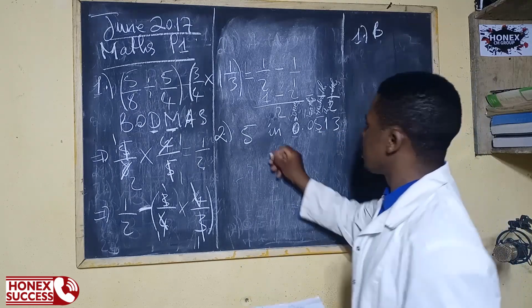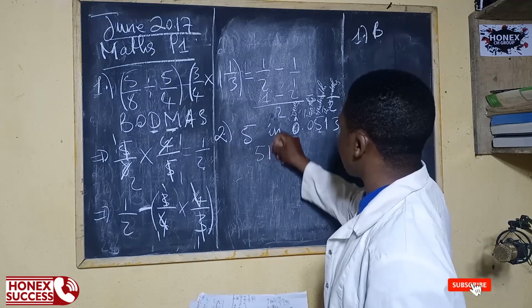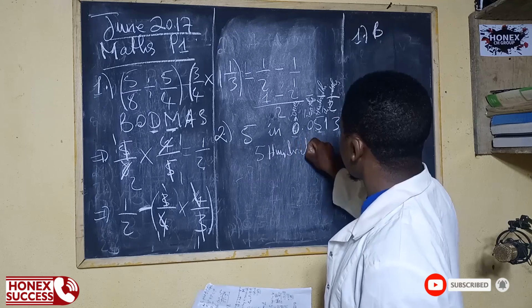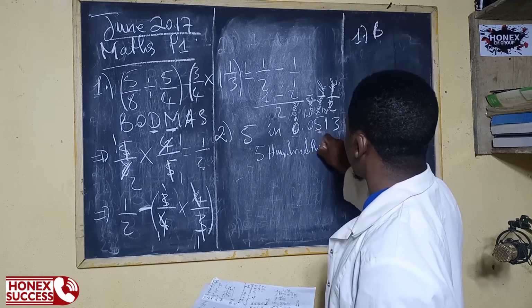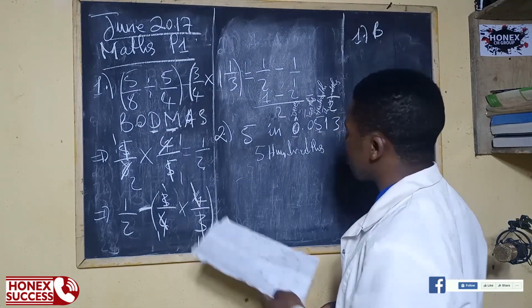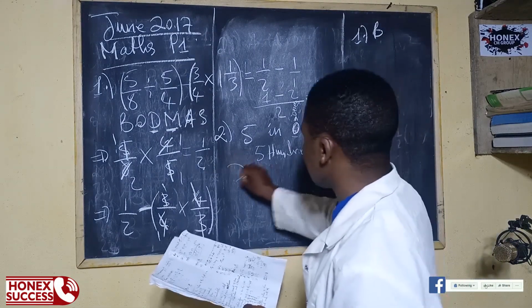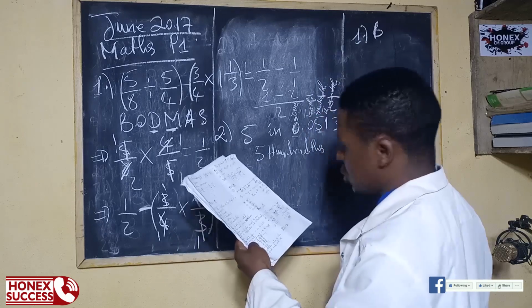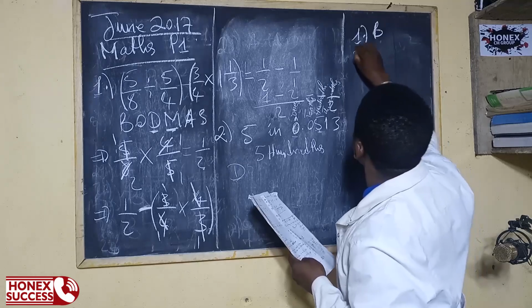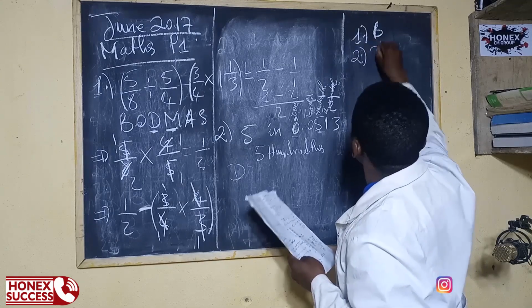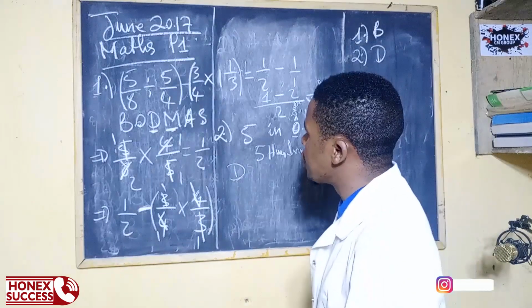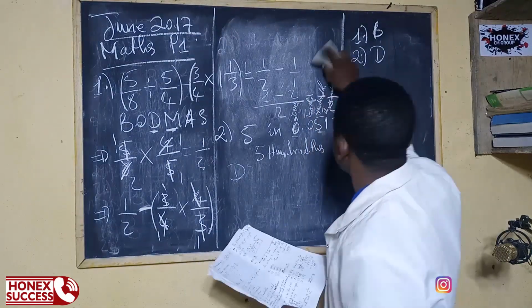This is how it is: 500 with THS at the end, and the answer corresponds to D. So the answer there is D. We go to our answer sheet, we put 2D.